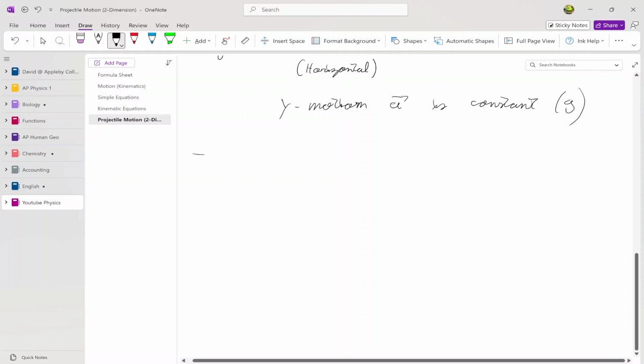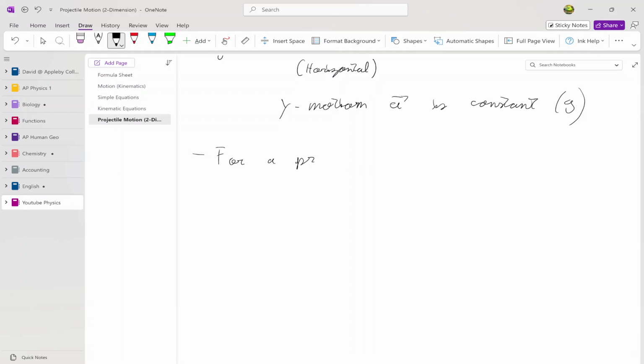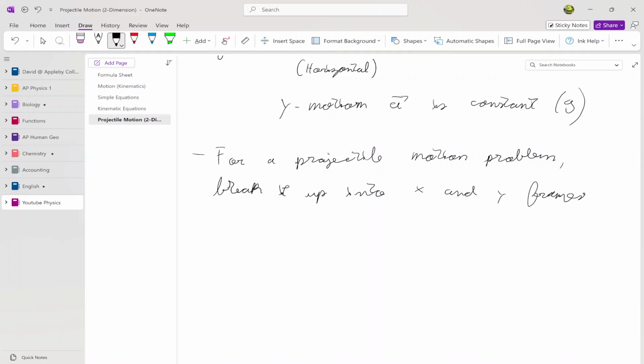So, a note: for a projectile motion problem, break it up into x and y frames. Similar to the way we solve our questions for any types of vectors, we always try to identify the x and y's.